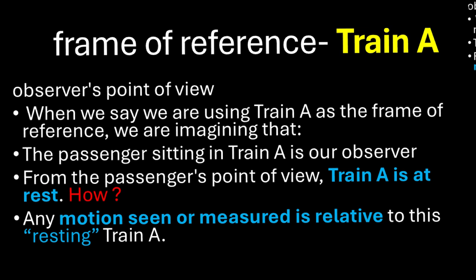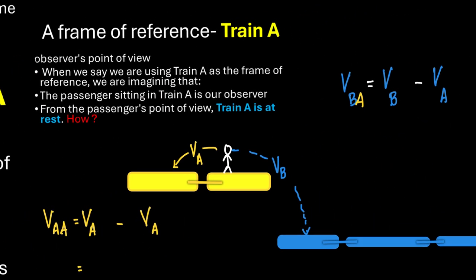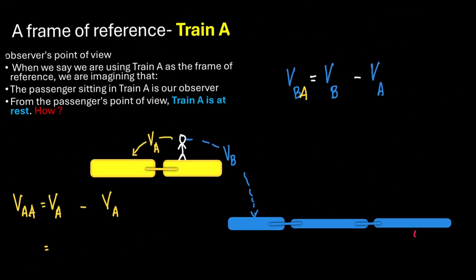From the passenger's point of view, train A is at rest. Any motion seen or measured is relative to this resting train A. Now, how is this train A at rest? That becomes really important. To understand that, let us spend some time here.